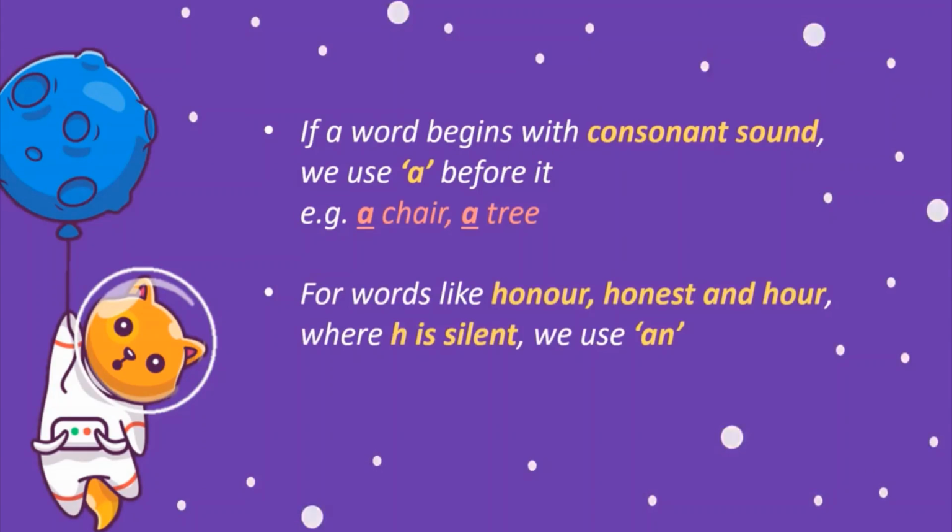For words like honor and honest, where H is silent, we use an. Here, H is silent. So, we use an even though the words begin with the consonant H. This is because when we say the word aloud, we hear an O sound, like honor, honest, hour.